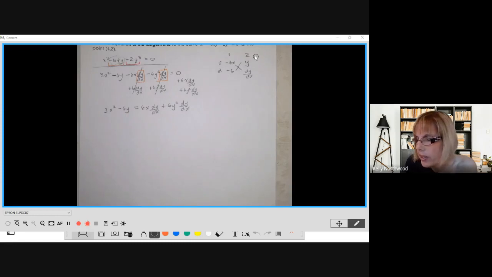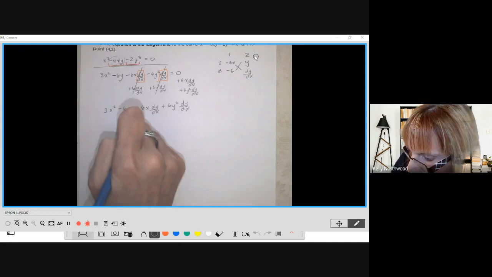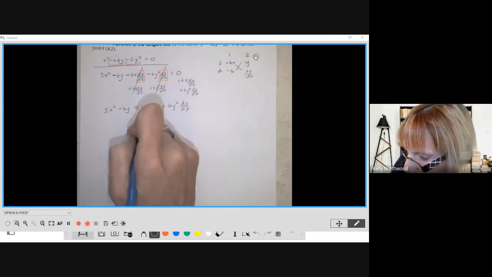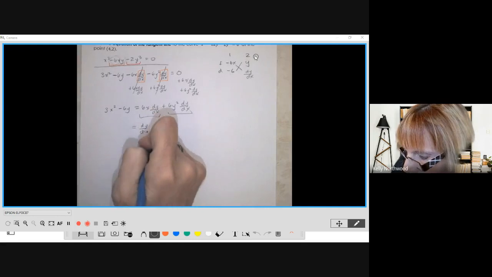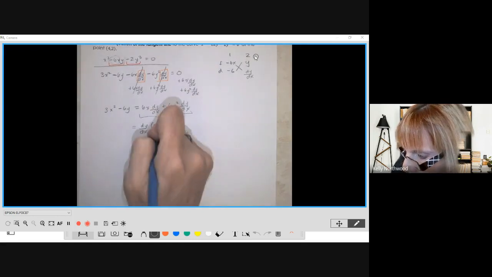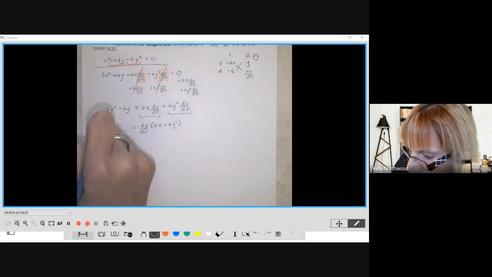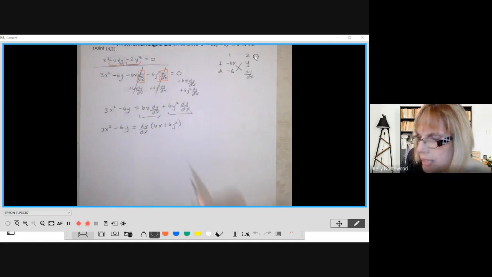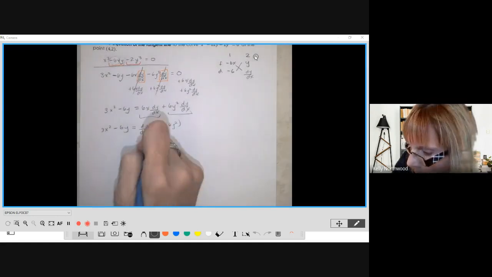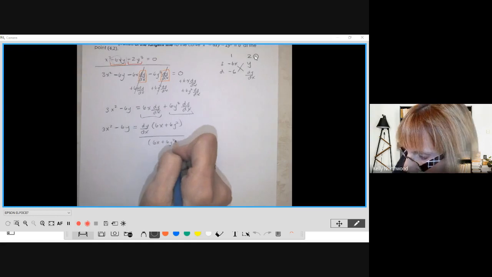Simplifying isn't a big deal for implicit differentiation. So I still want to, on the right side, common factor out dy/dx, because that's my slope of the tangent. So I would get 6x plus 6y squared. And then to get dy/dx by itself, I'm going to divide both sides by 6x plus 6y squared.